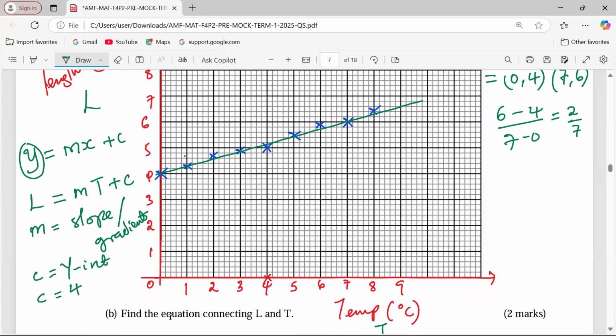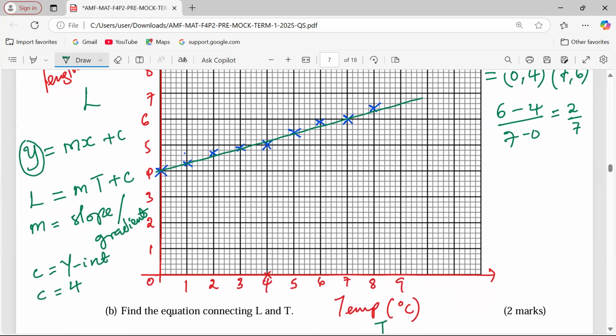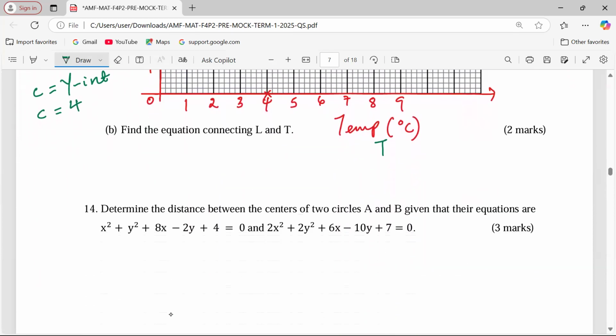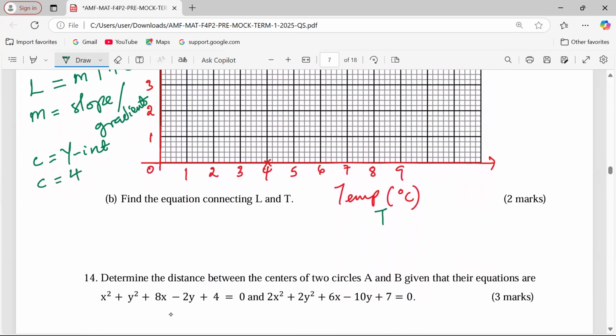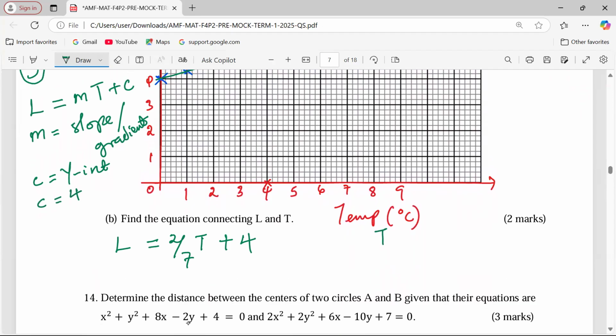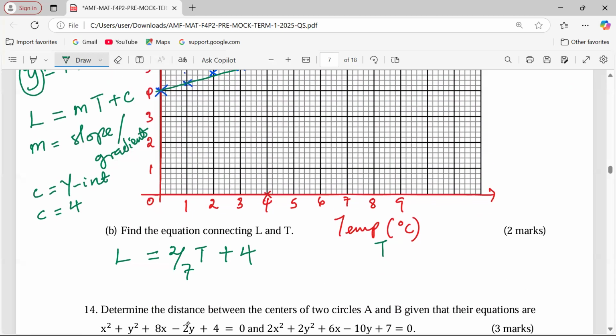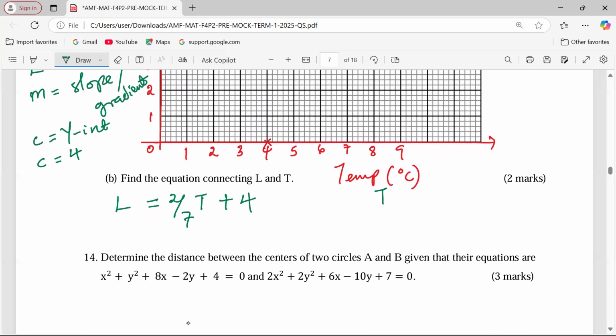So now replacing them in the equation up there, we will say that L, which is on the y-axis, equals gradient 2 over 7 multiplied by the value on the x-axis, plus a constant, which is 4. And the constant should be the y-intercept. That way, this is how we get the relationship between the two quantities.